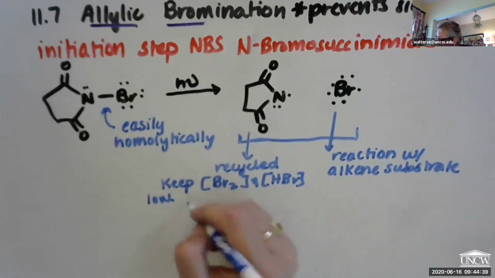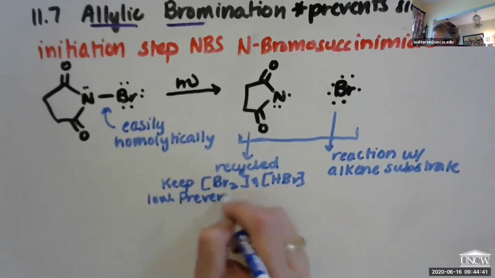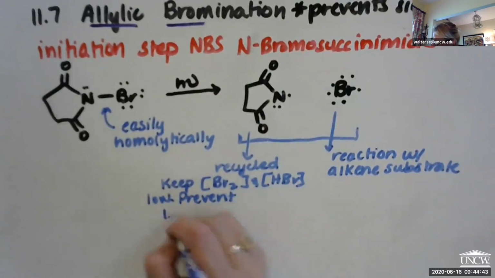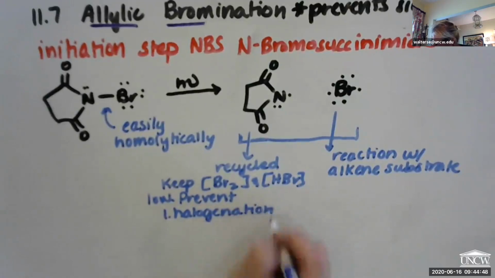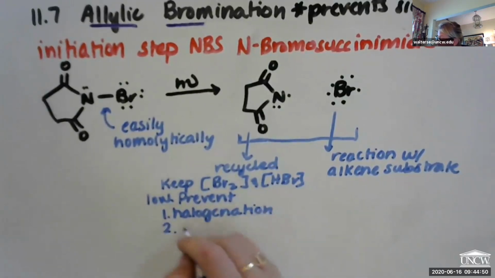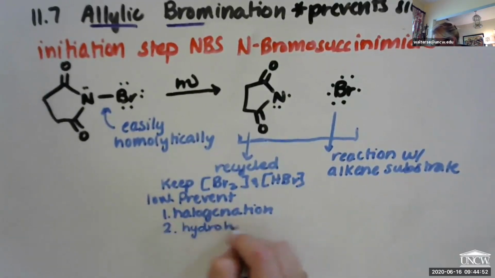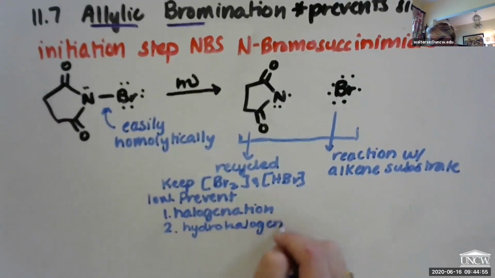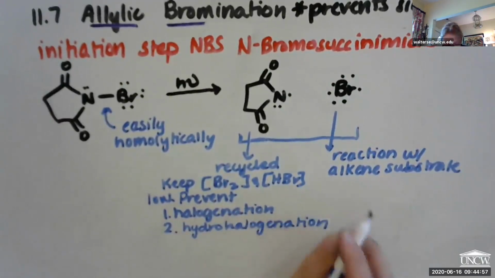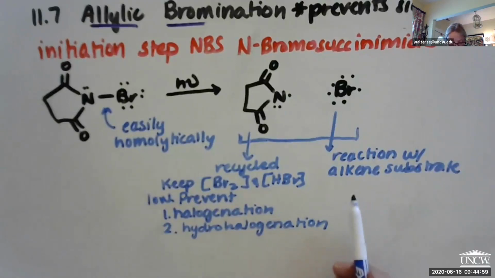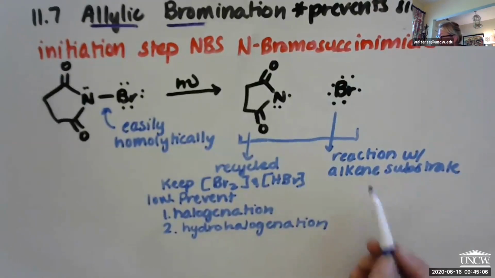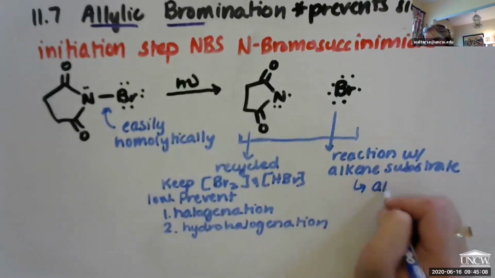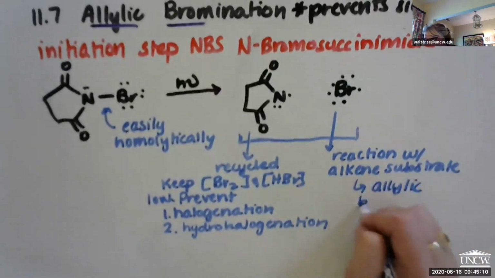So what that does is it's going to prevent 2 kinds of reactions, the halogenation reaction and a hydrohalogenation reaction. Okay. And so what you end up doing, and you'll see where the HBr comes in a minute, it ends up allowing you just to have your allylic bromination product.